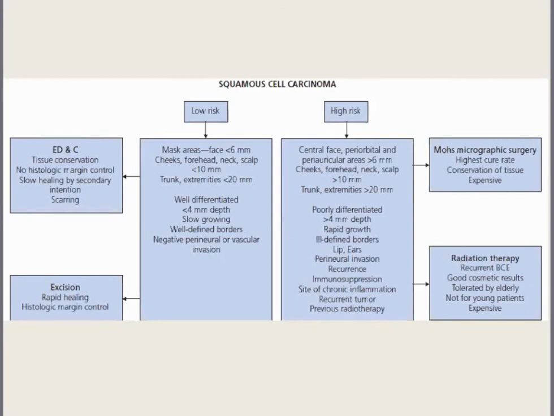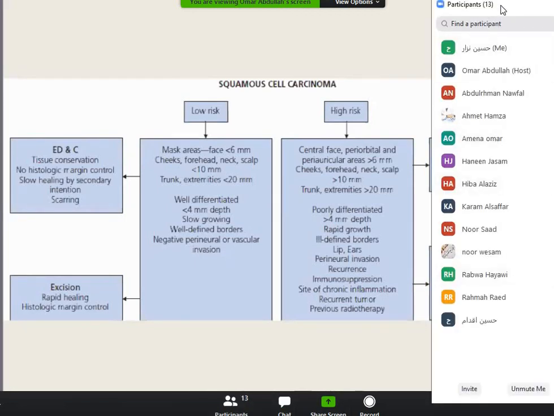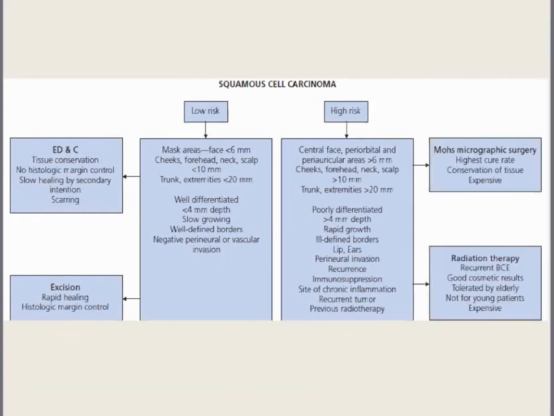Mohs micrographic surgery is a very effective tool and very important in tumors arising on the face, because the face differs from the rest of the body. You should preserve as much tissue as possible and at the same time remove 100% of the tumor, which is not easy.